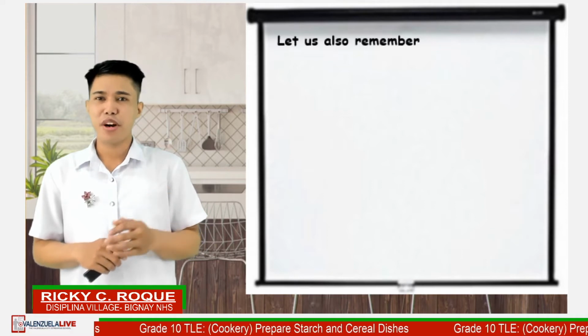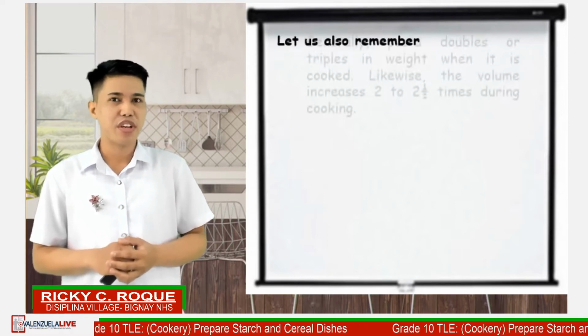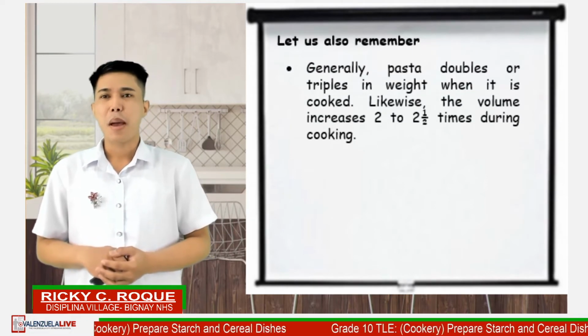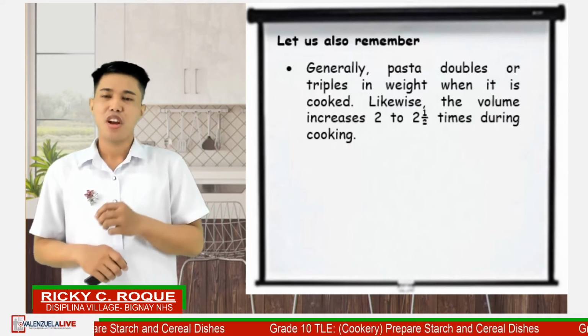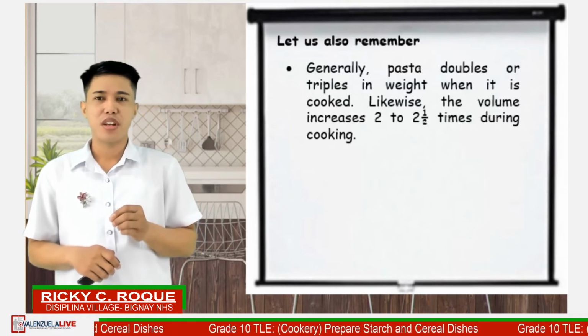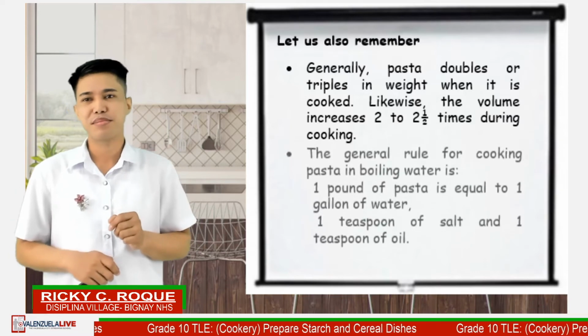Let us all remember when pasta is already cooked, it becomes bigger and heavier. Generally, pasta doubles or triples in weight when it is cooked. Likewise, the volume increases 2 to 2.5 times during cooking.